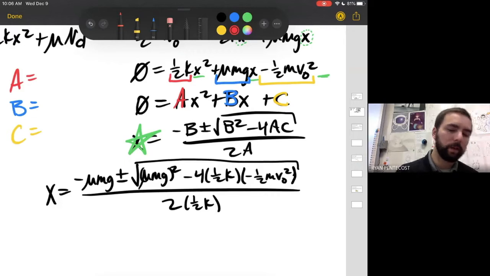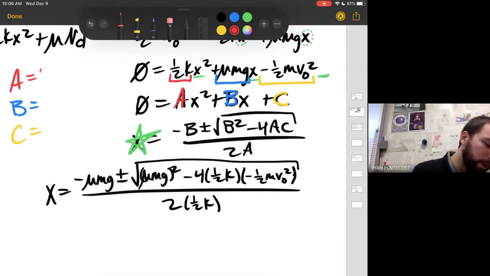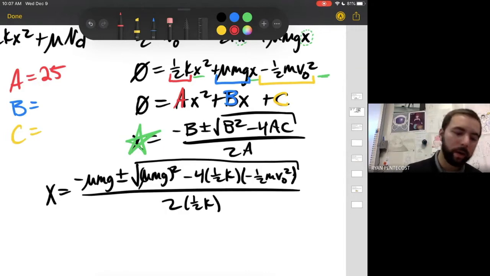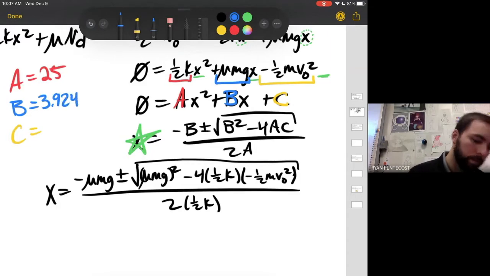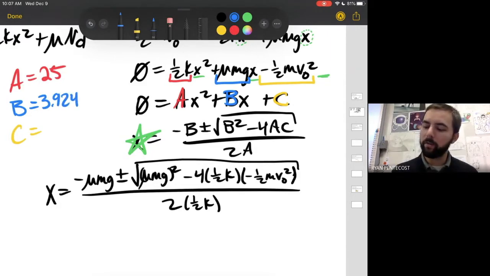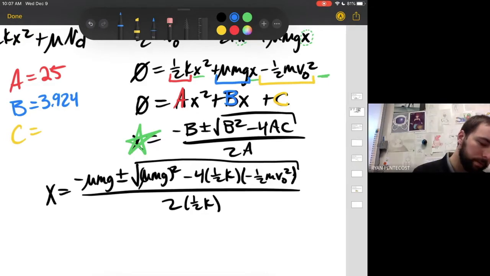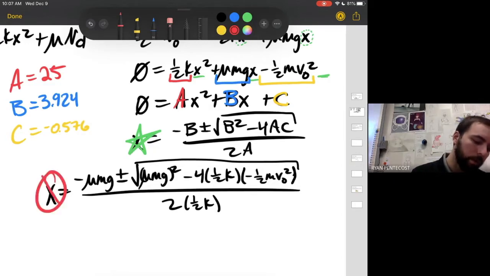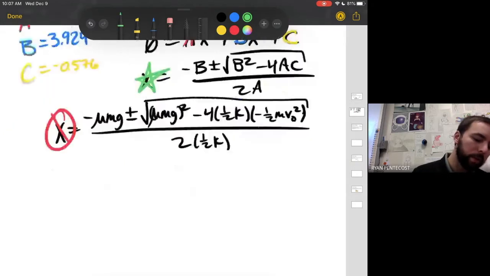So if you do that, let's get a value for all of these. That would be 25 for A. For B, you get 3.924. For C, you get negative 0.576. So instead of doing this right here, we're going to just plug our numbers in directly.